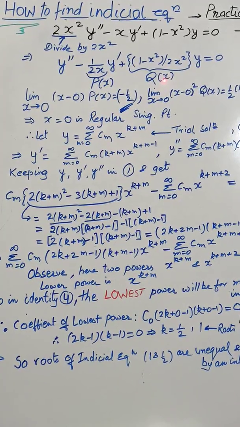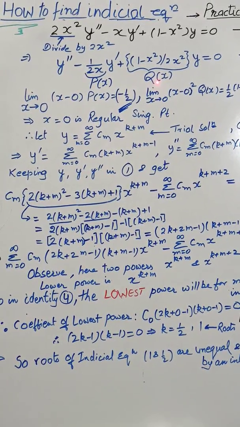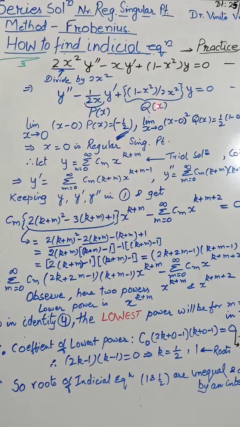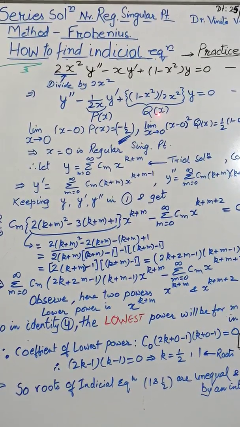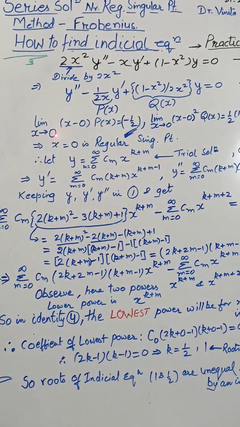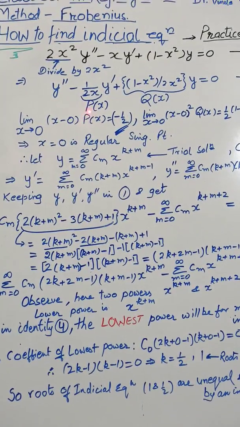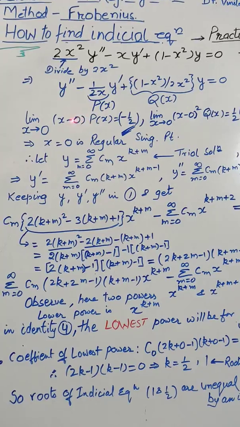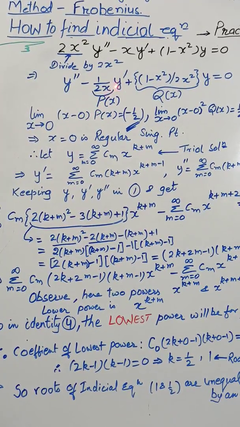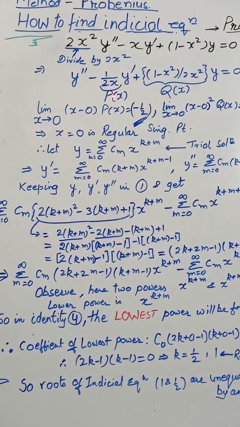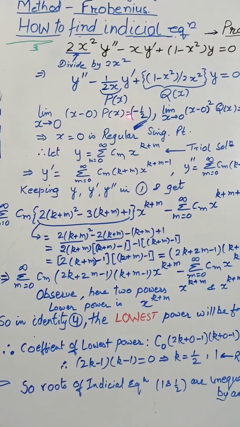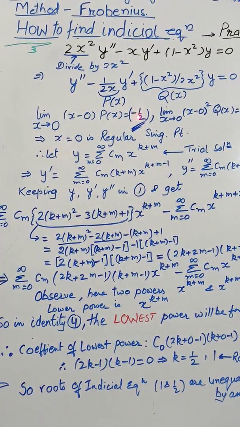So in order to see whether x = 0 is an ordinary point, a singular point or a regular singular point, I check these two limits. The limit as x tends to 0 of (x − 0)p(x): x − 0 is x and p(x) is −1/(2x), so this limit is −1/2.